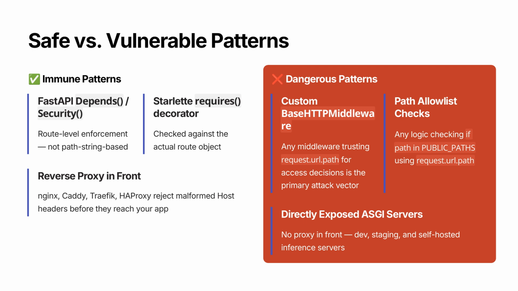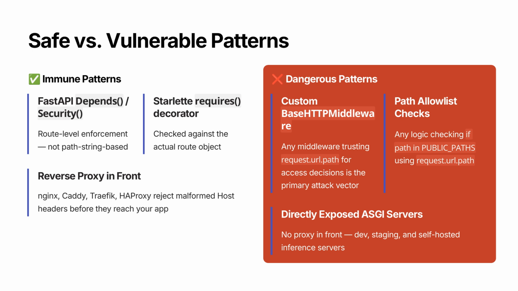On this slide, the key idea is separating patterns that are naturally resistant from patterns that create risk. On the safe side, FastAPI Depends and Security are good examples because enforcement happens at the route level. That means authorization is tied to the actual route being executed, not to a path string that could be interpreted incorrectly.